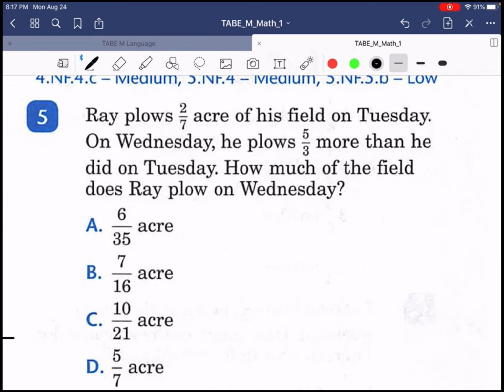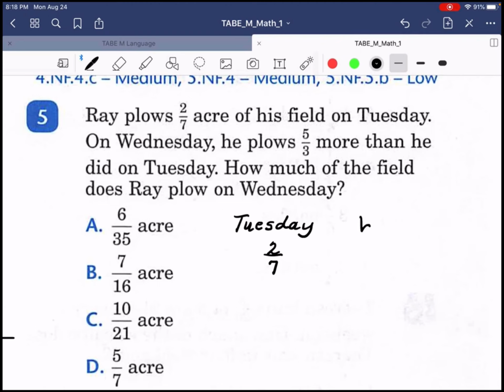Now, at first glance, this one is almost an addition problem. You would think that you're just going to add 5/3, but it's 2/7 times 5/3. Actually, I've started to write it down there. And then I decided to go back and show you the reasoning behind it.